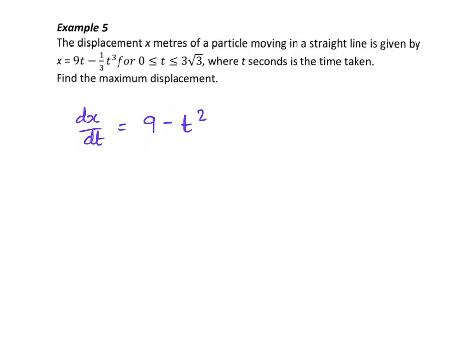So at the turning point, we know dx/dt is equal to 0, so we're going to let dx/dt equal 0, and we get 0 equals 9 minus t squared. t squared is equal to 9, t is equal to plus or minus 3. So at the stationary points on this particular cubic, our value of t is positive or negative 3.